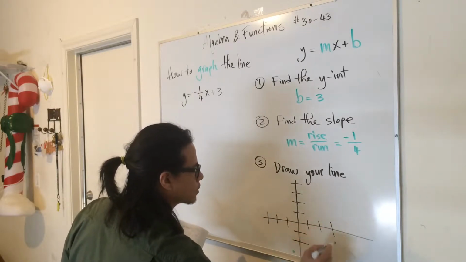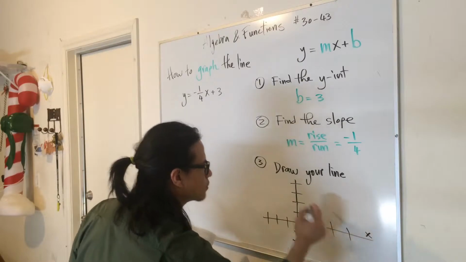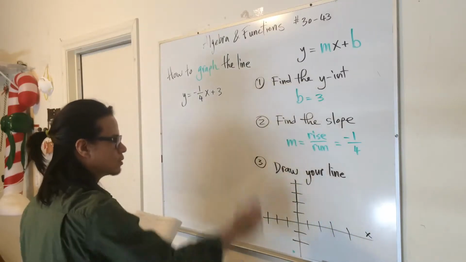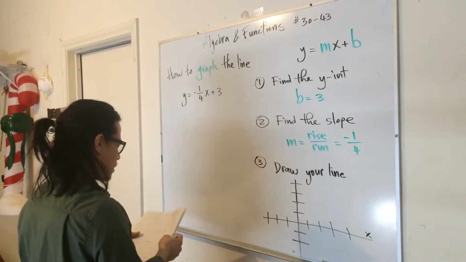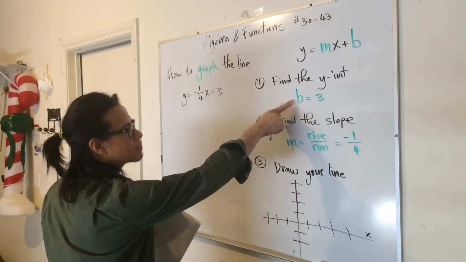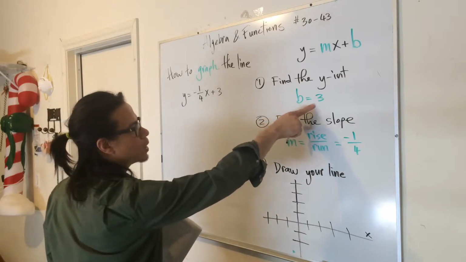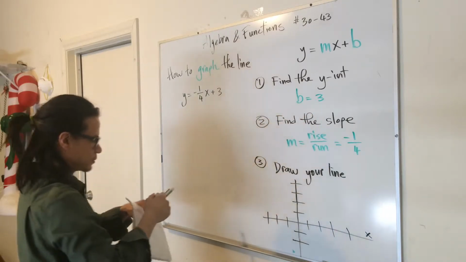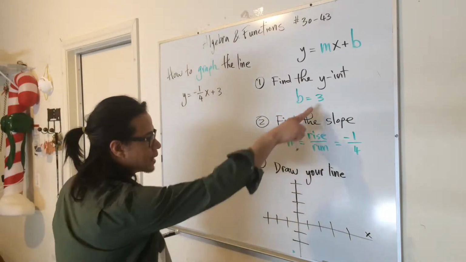Okay. So here's your x-axis, your y-axis, up and down. So focus on the y-intercept. This is the point where your line crosses the y-axis. Crosses at positive 3.